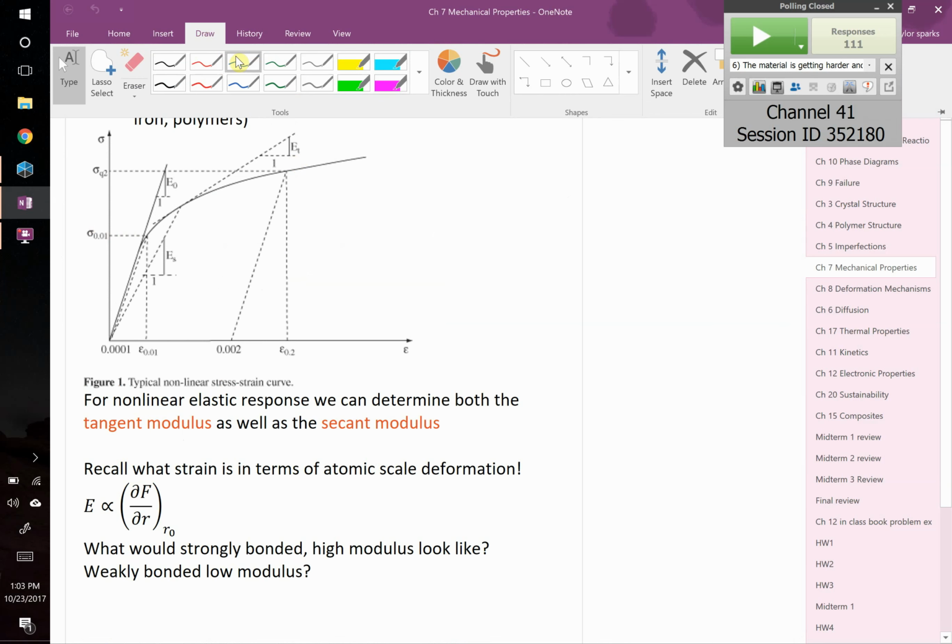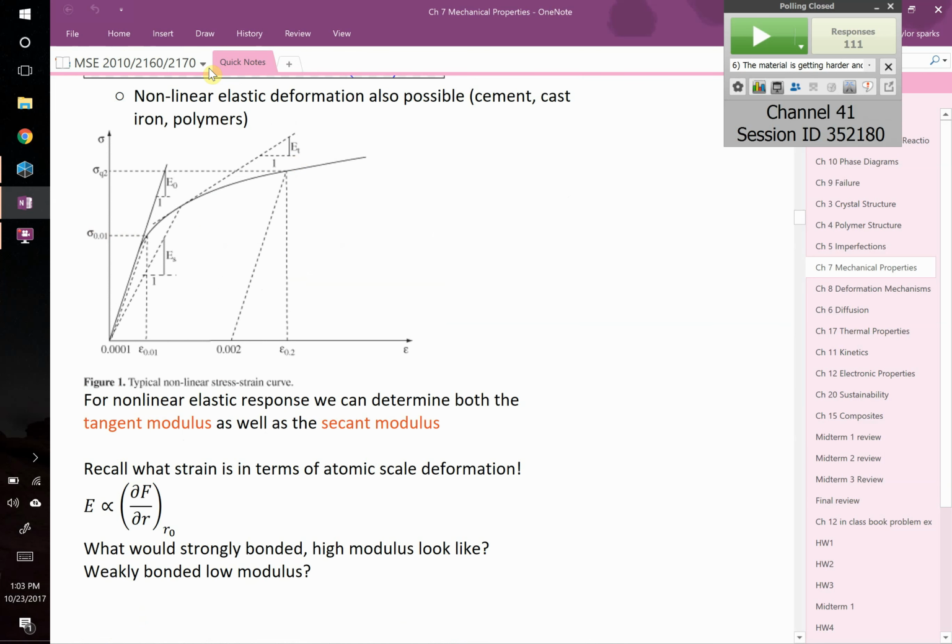This plot here, at the onset of non-elastic behavior, is sometimes called the proportional limit, but it's sometimes tricky to say where exactly it's starting. So just so that we're all on the same page when talking about when plastic deformation occurs, what they normally do is define a specific strain as the yield strength.